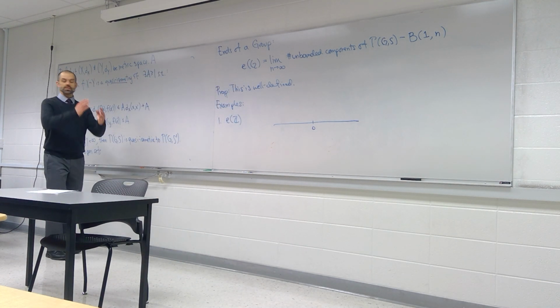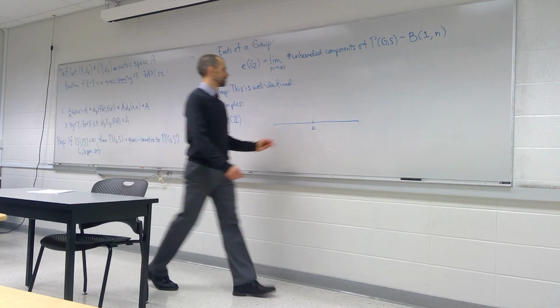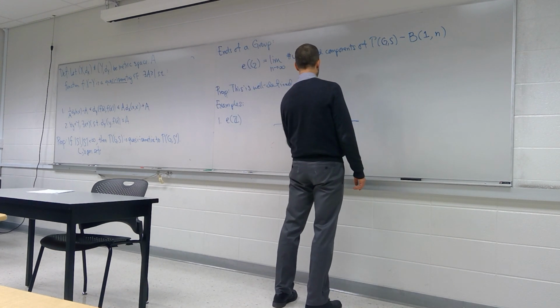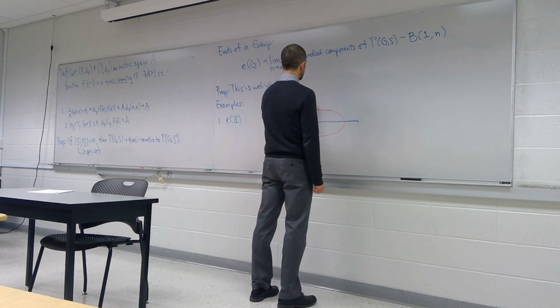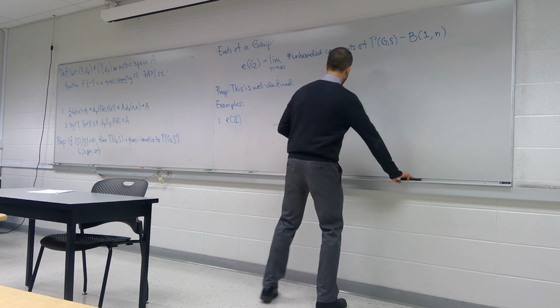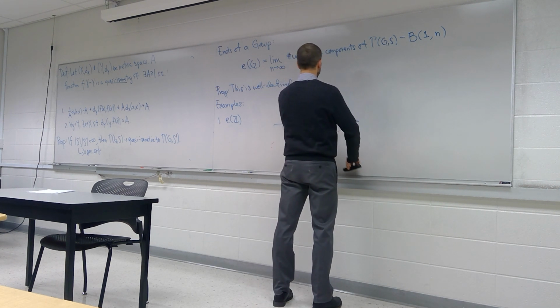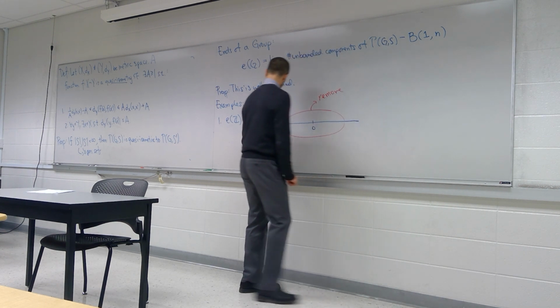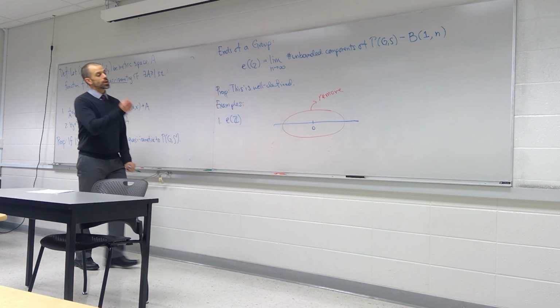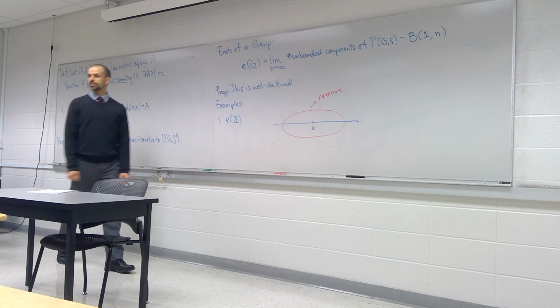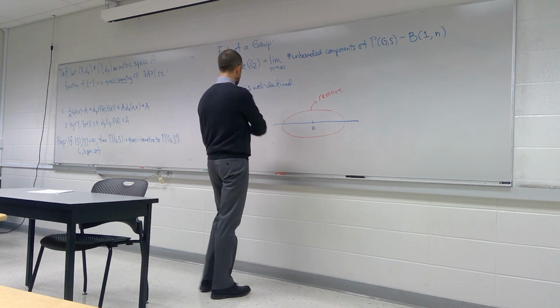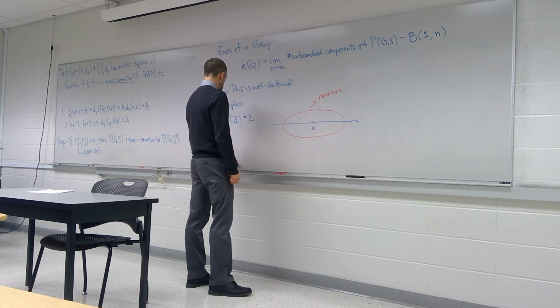I'm supposed to remove some chunk, everything that lives within distance n of the identity element. If you throw out that chunk, there's 2 unbounded components left: everything that's bigger than n and everything that's less than negative n. And there's always 2 unbounded components.